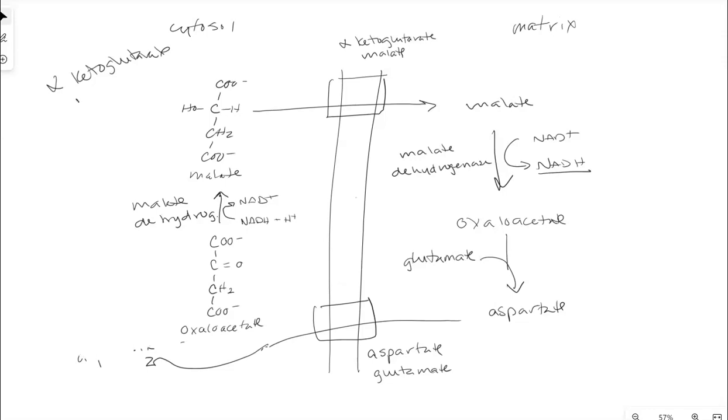I didn't leave myself quite enough room here, so let me redraw this for you guys. Give myself a little bit of room here. Aspartate's going to be down here.